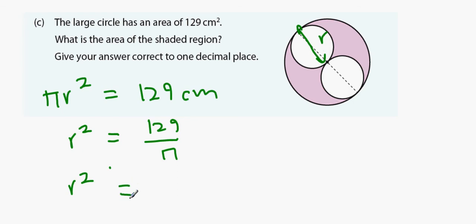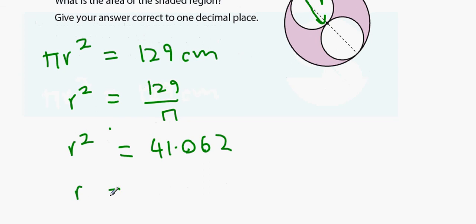which is 41.062. Therefore the radius must be the square root of this, 6.408.